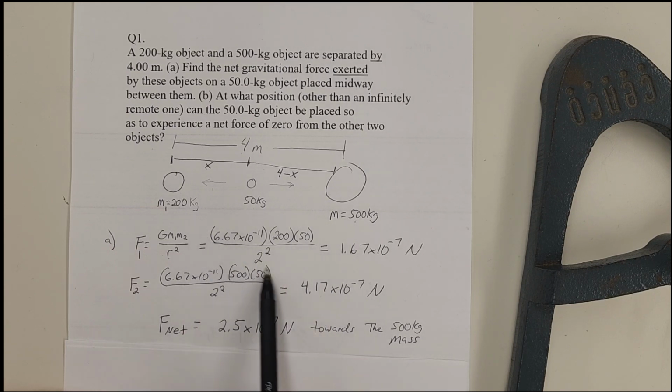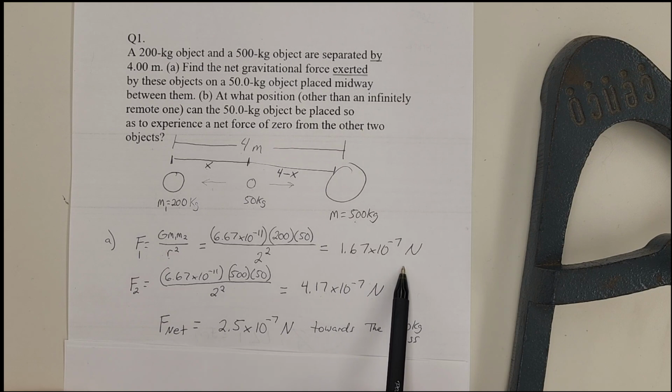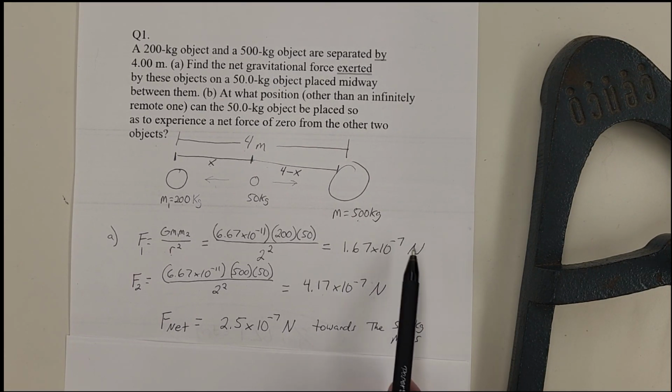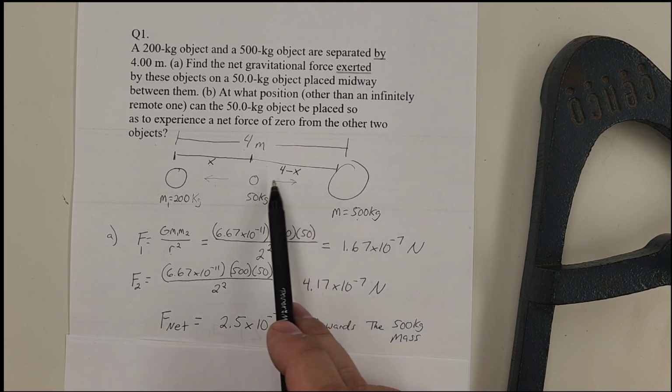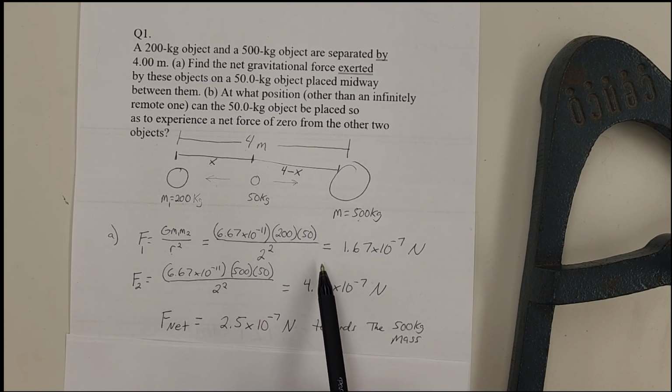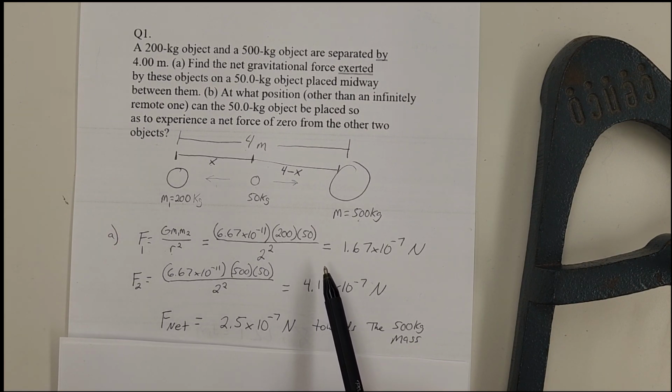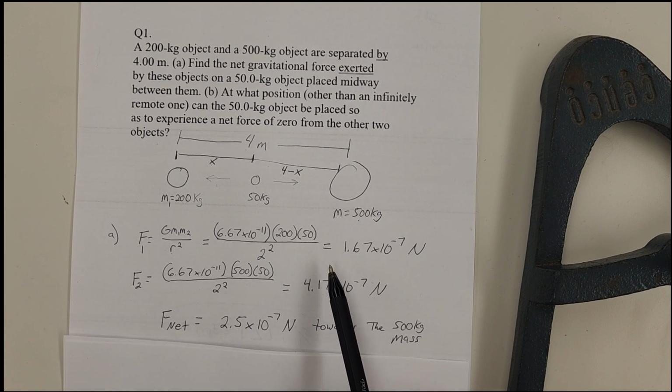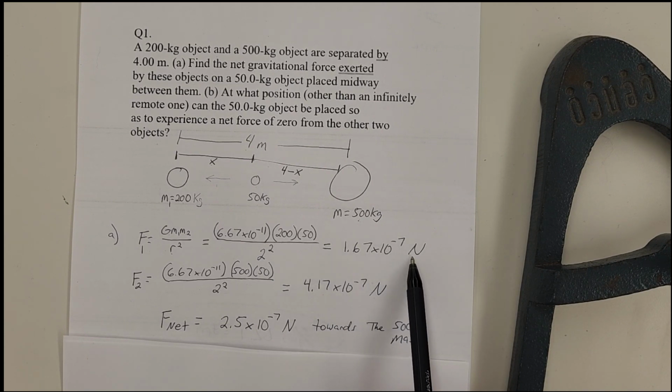If you calculate this, you should get 1.67 times 10 to the negative 7 newtons. So a small amount of gravitational attraction because, again, really small masses and small distance. This equation is generally used for large celestial bodies or something really big, but it absolutely does work for small objects as well. We just have really small forces.